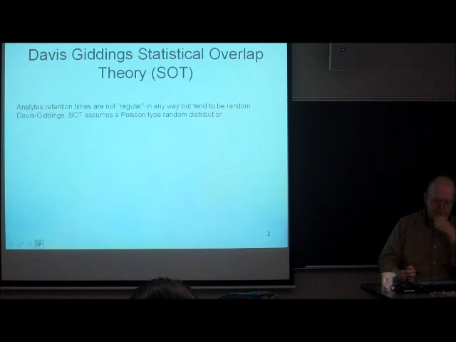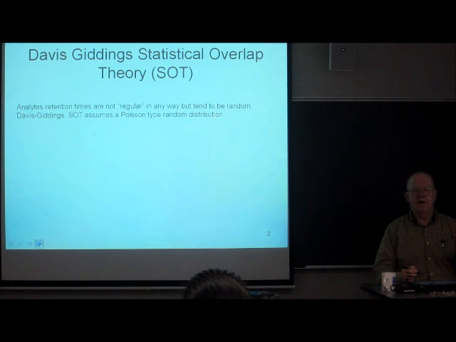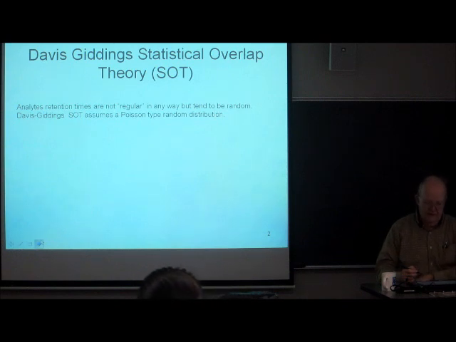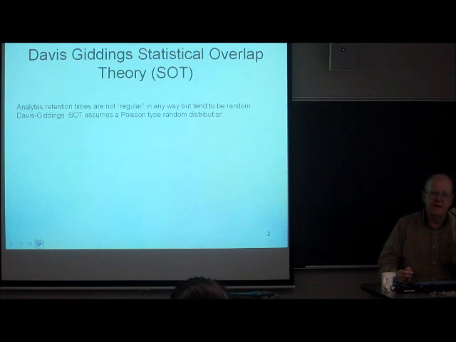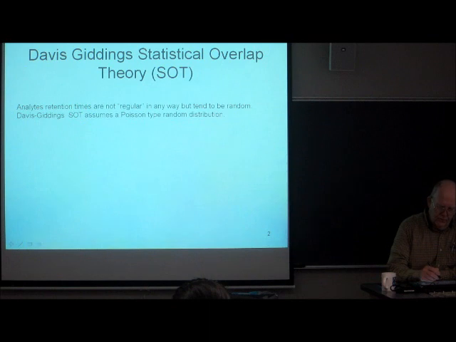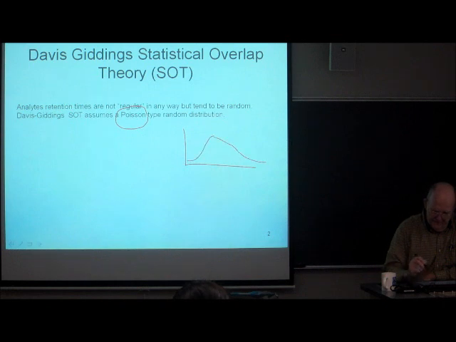So what statistical overlap theory is all about is when the retention times are not regular, but are random with respect to one another. And in fact, Davis and Giddings believed that the correct kind of random distribution is what we call a Poisson type distribution. And that's a distribution that looks something like that.